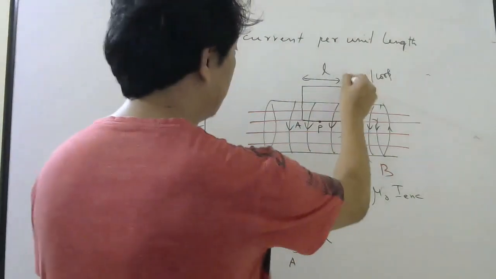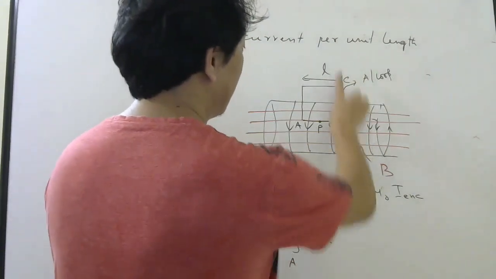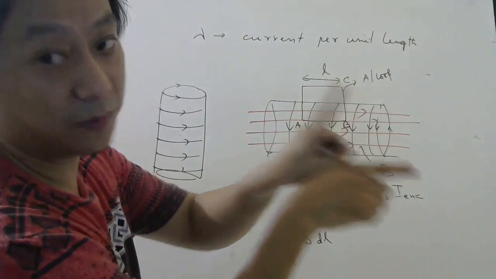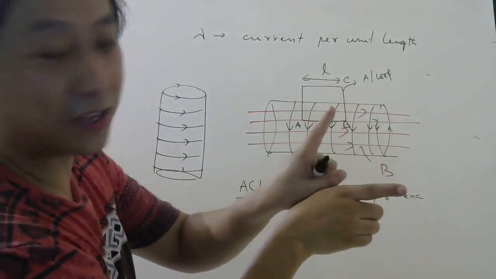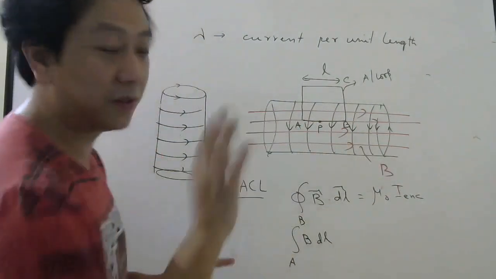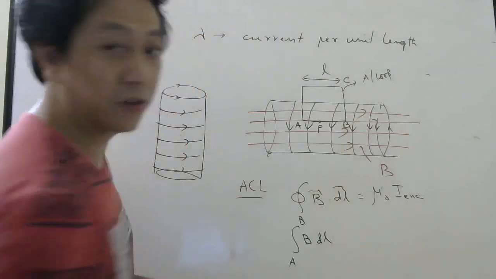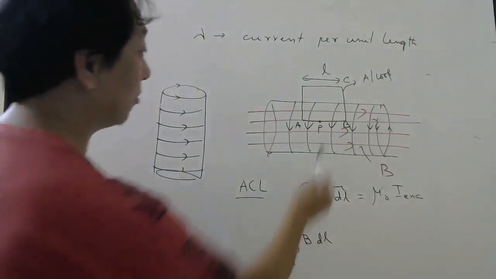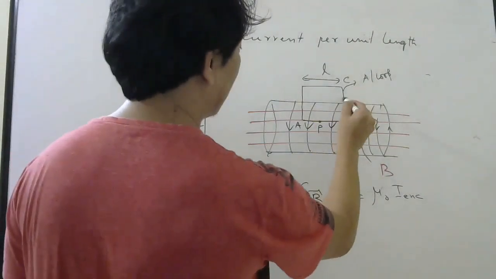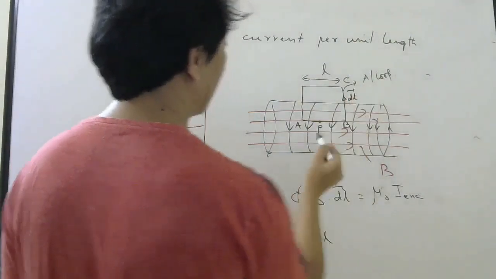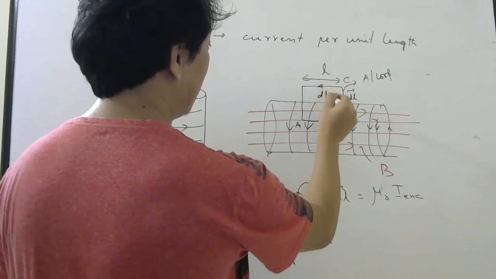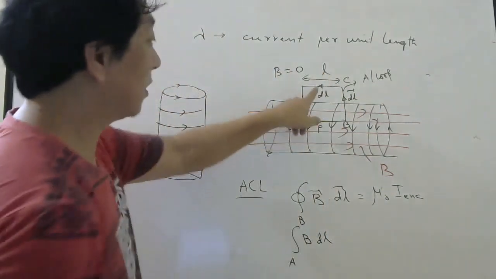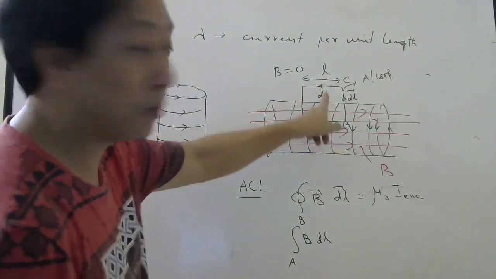Now from b to c, I am going this way. dl is this side, magnetic field is this side, so the dot product will be 0 because it's perpendicular, cos 90. So there will be no contribution to this integral. Here there may be dl, but there is no magnetic field outside, so again there will be no contribution.